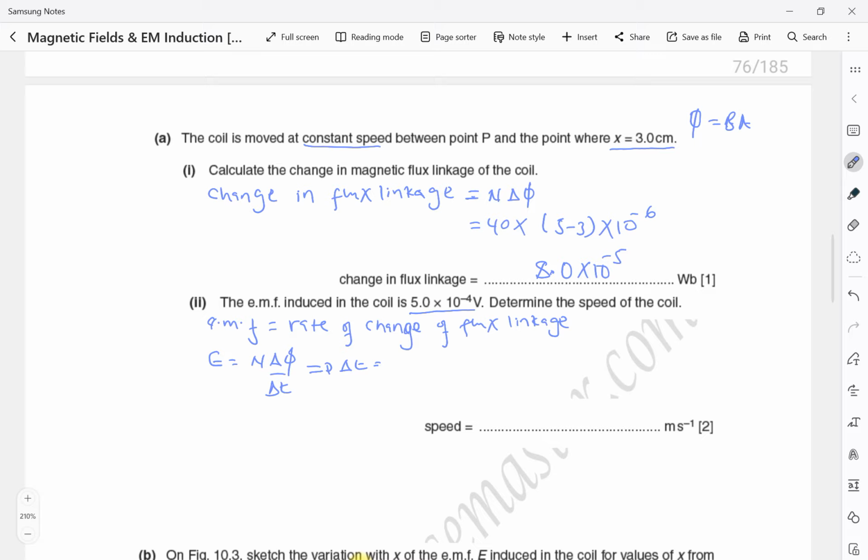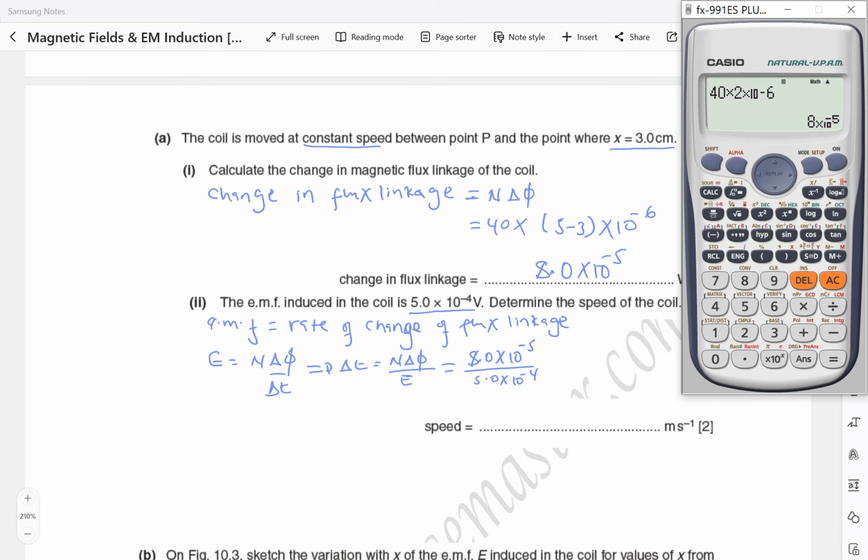is going to be equal to the change in flux linkage, which is N change in flux, divided by E. That is 8.0 times 10 to the power of minus 5, the change in magnetic flux linkage, divided by E, which is 5.0 times 10 to the power of minus 4.